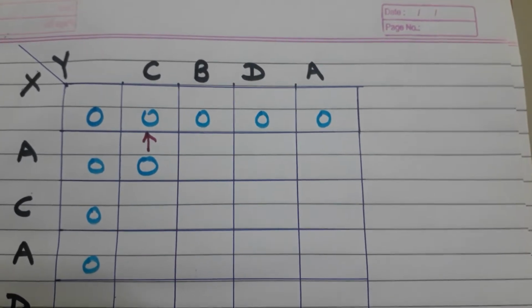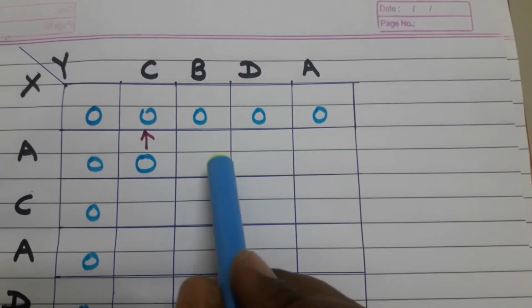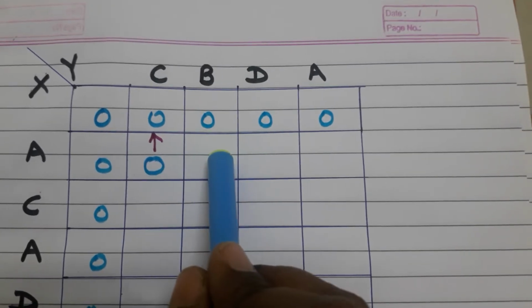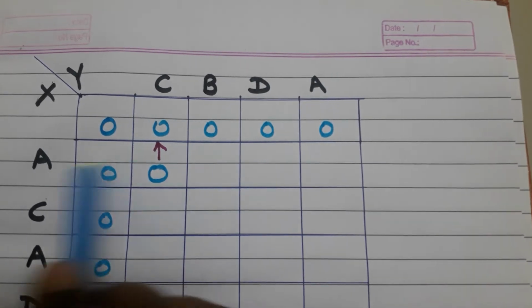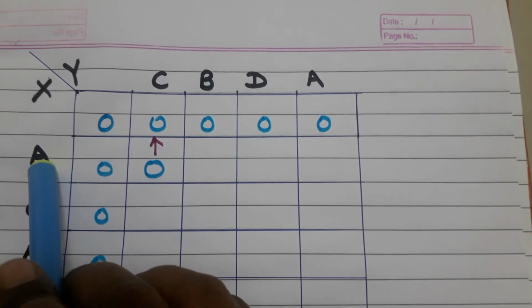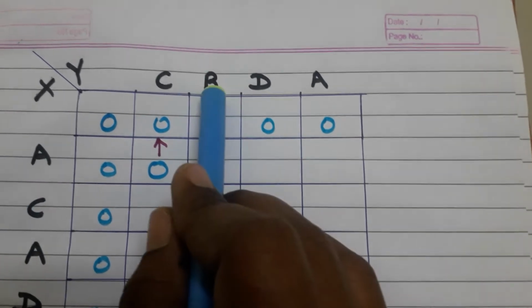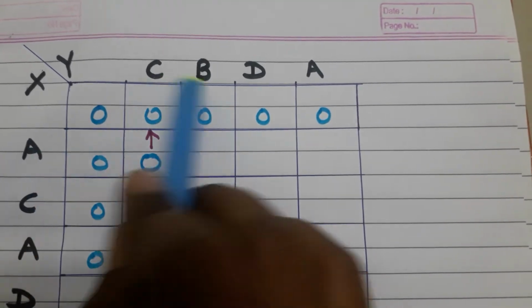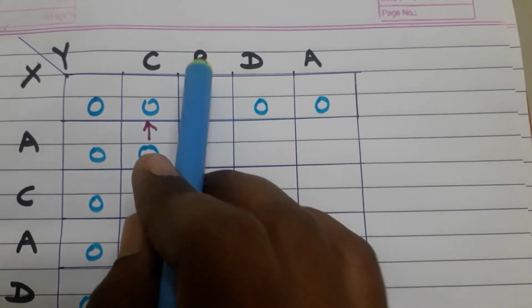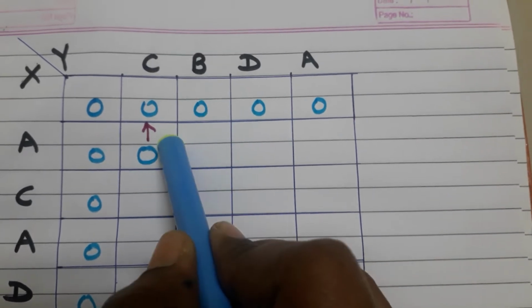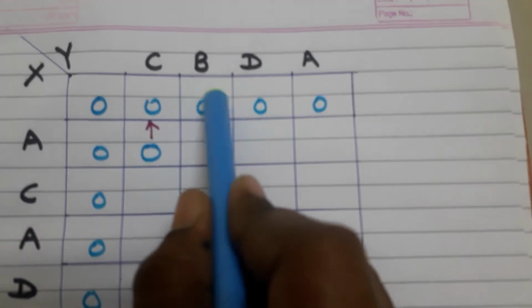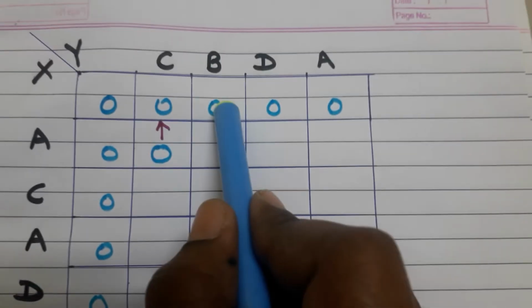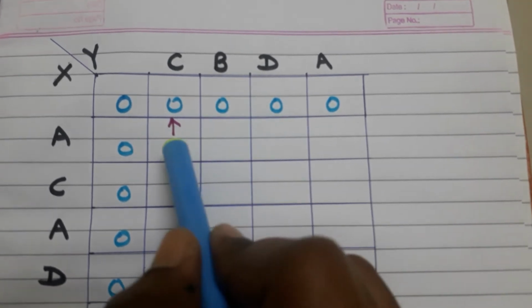Okay, after this again we have to fill this cell. We see the current row and current column. The current row is A and the current column is B. Both characters are not matching, so we take the maximum value from the previous column and the previous row. From these two, the maximum is 0.